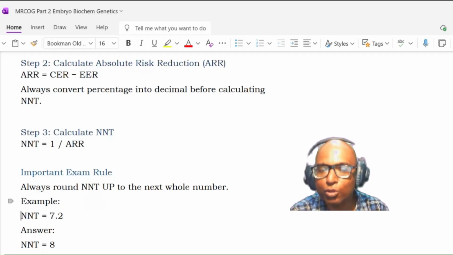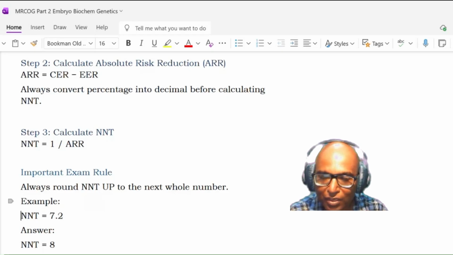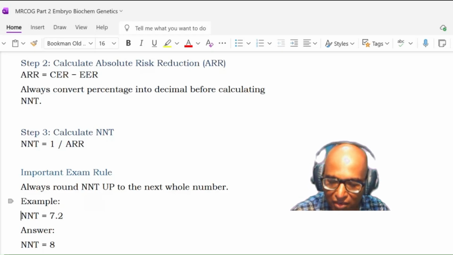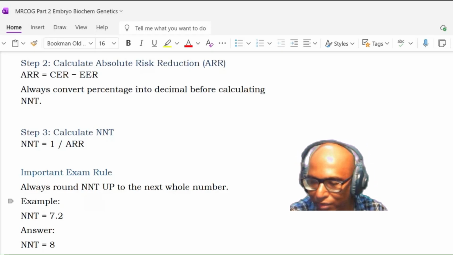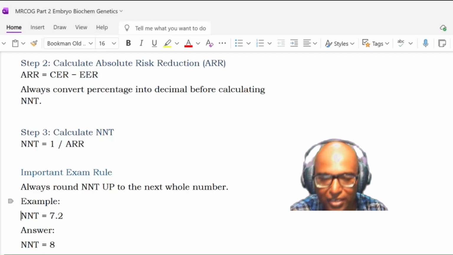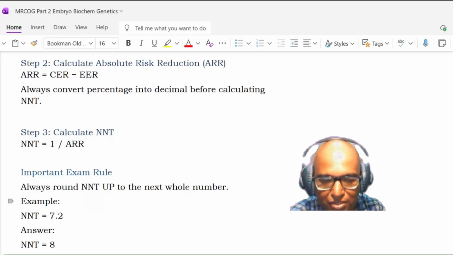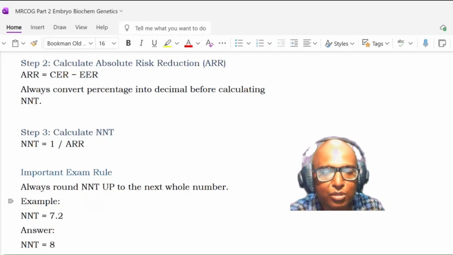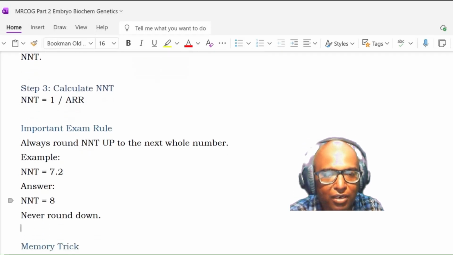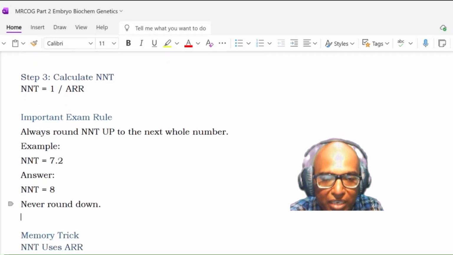So it will go to 8. Generally, we are used to converting 7 up to 7.5 to the lower whole number, and beyond 7.5 to the higher number. No, here you convert it to the higher whole number because you cannot reduce the number of patients. So you will have to convert it to the full number; never round down, always round up.